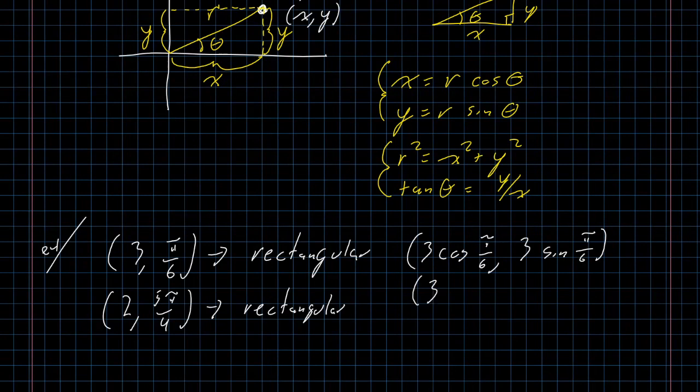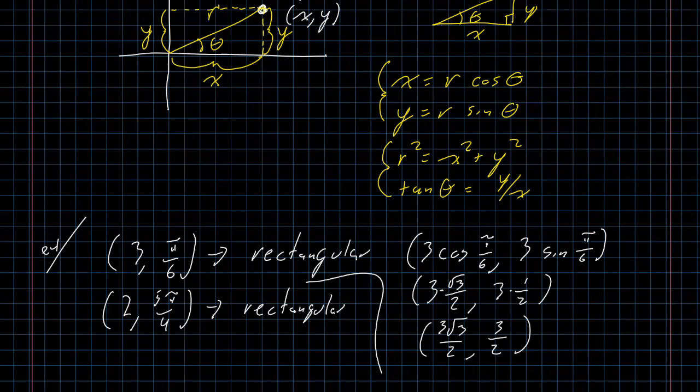So we've got 3 times root 3 over 2, and then we've got 3 times 1/2. So I guess that's just 3 root 3 over 2, 3/2 is the point 3, pi over 6 in rectangular coordinates.